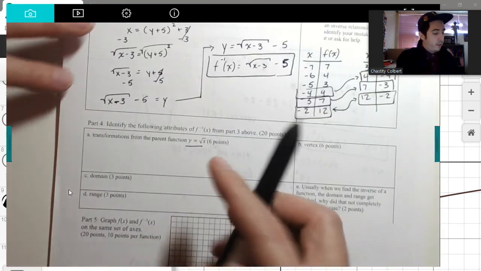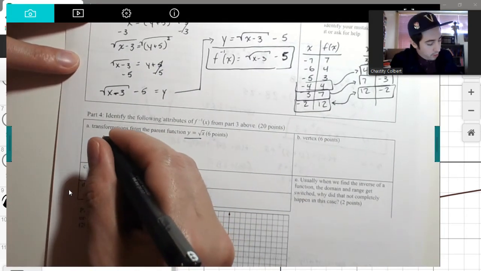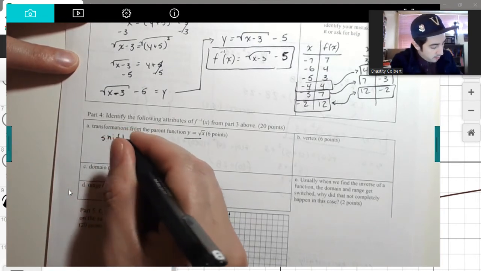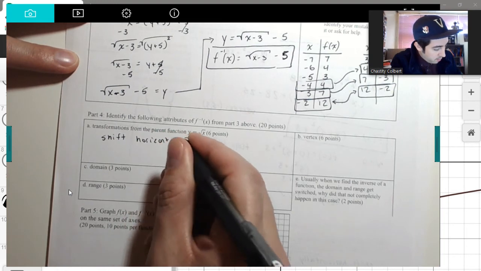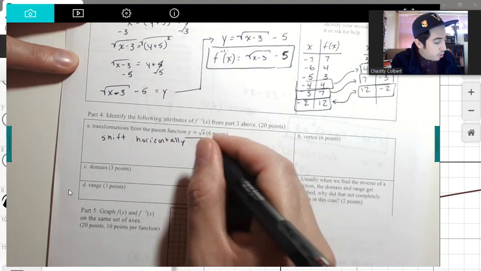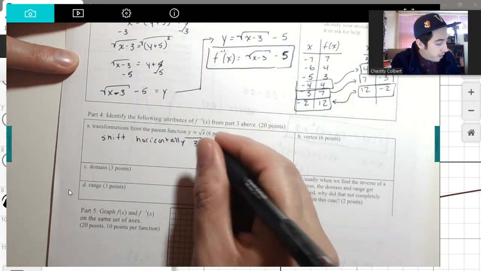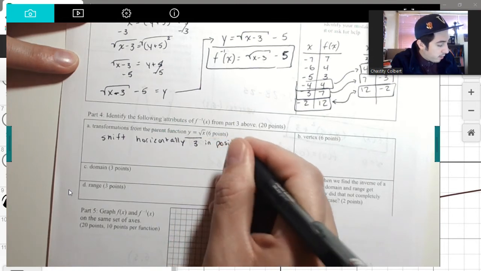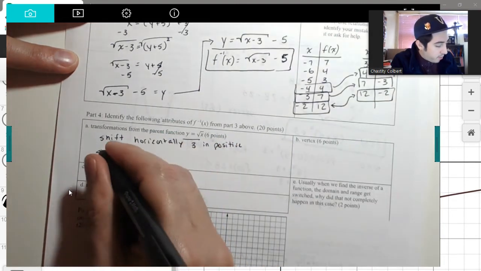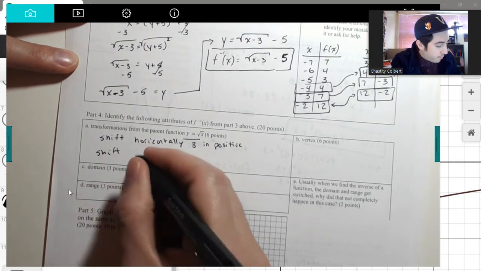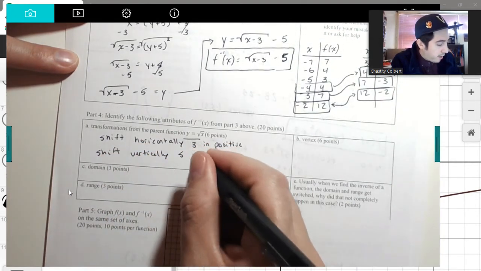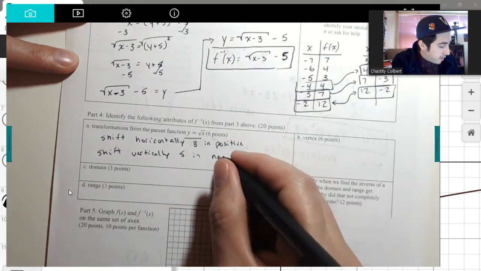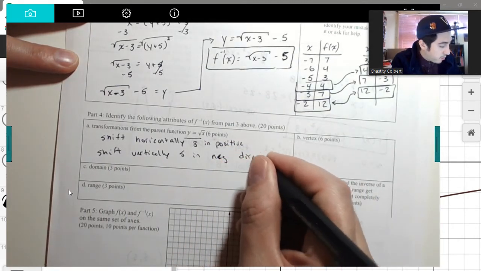So the transformation went shift. That shifted over 3 in the positive direction, and shifted vertically 5 in the negative direction.